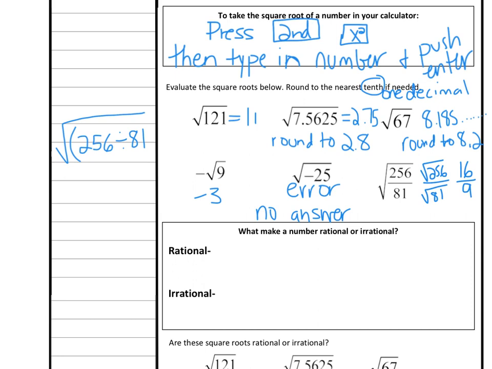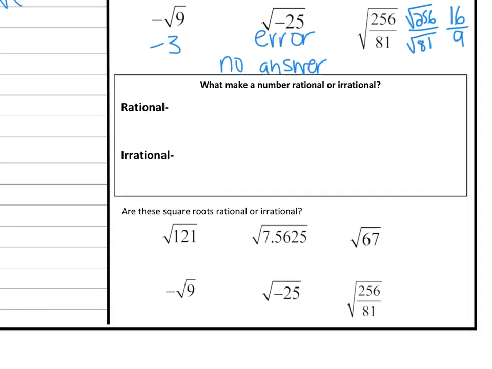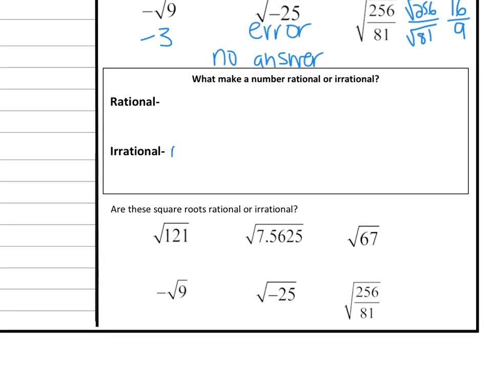So now that we've remembered a little bit about square roots, we need to remind ourselves what makes a number rational or irrational. I always think about irrational first. So irrational numbers are the ones that never stop and are random. So they're just some random number that goes on forever, random decimals. Rational numbers are anything else.